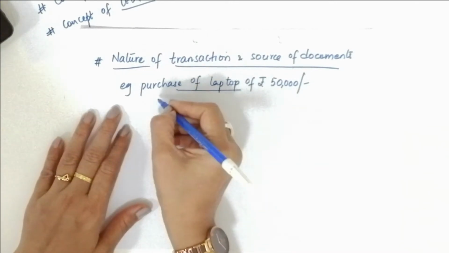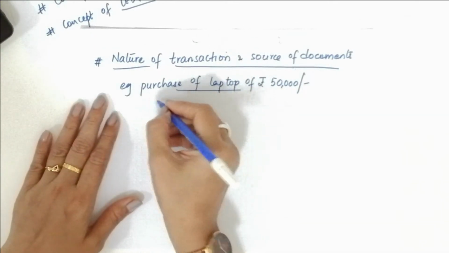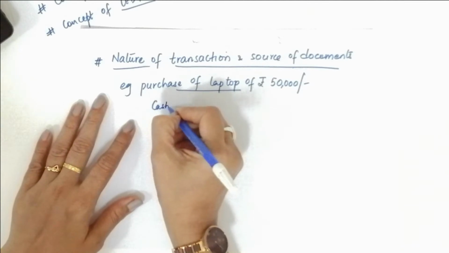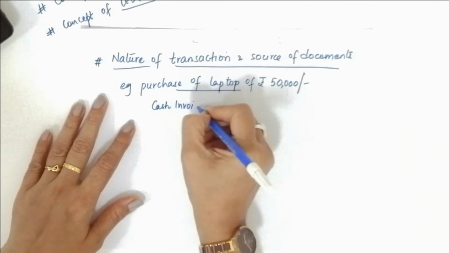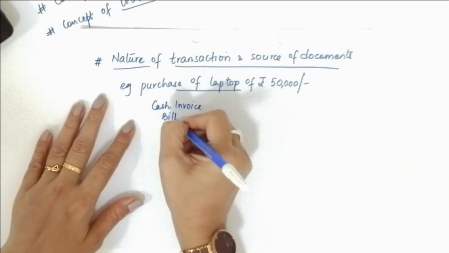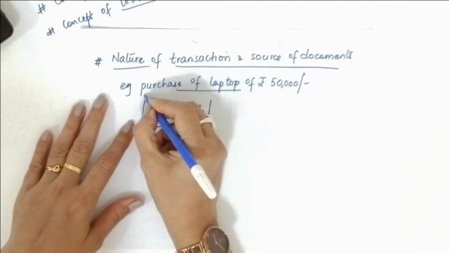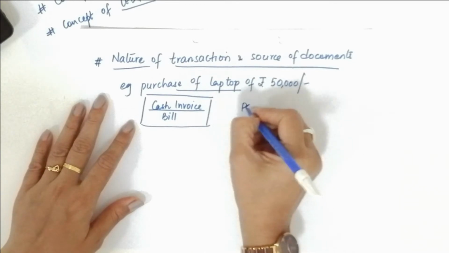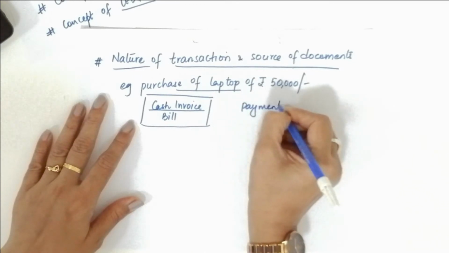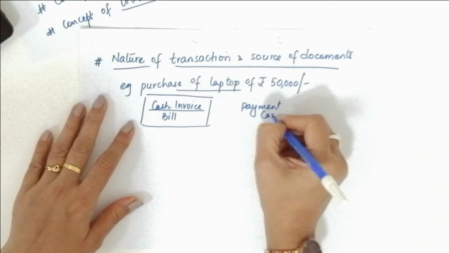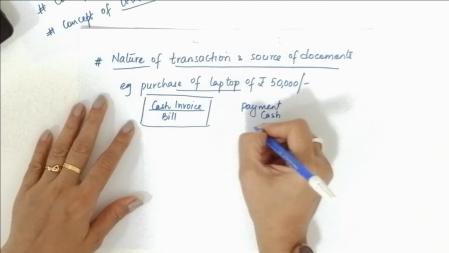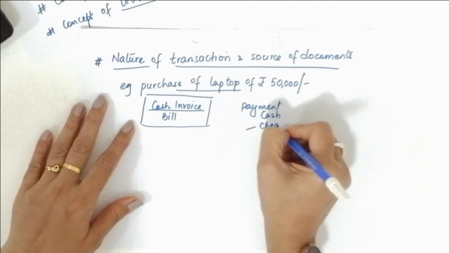If I go to a shop to buy a laptop, what do they give me? They give me a cash invoice, right? A bill. They give me a cash invoice, a bill, and then I make payment, right? If I go as an individual, I pay by cash, or a company can give a check also.